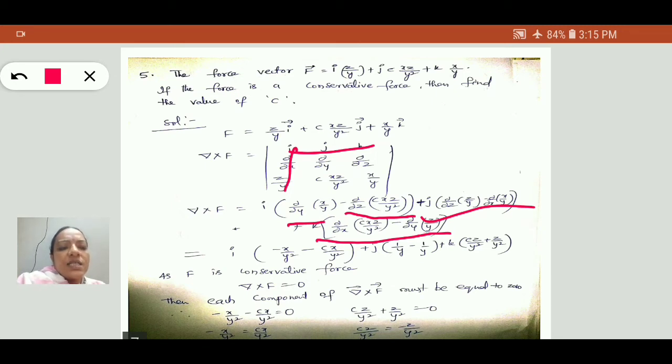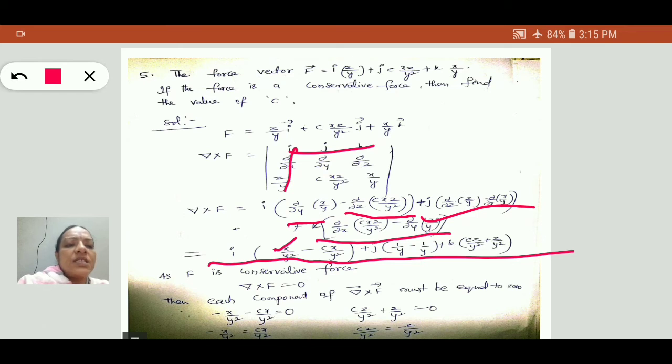Next, simplify. Dou by dou y of x by y is minus x by y square, minus dou by dou z of c xz by y square, which is c x by y square. Plus j times dou by dou z of xz by y, which is x by y.